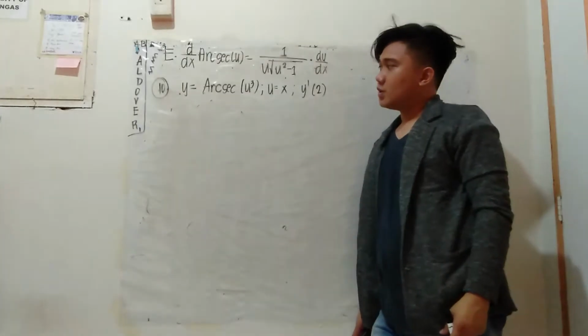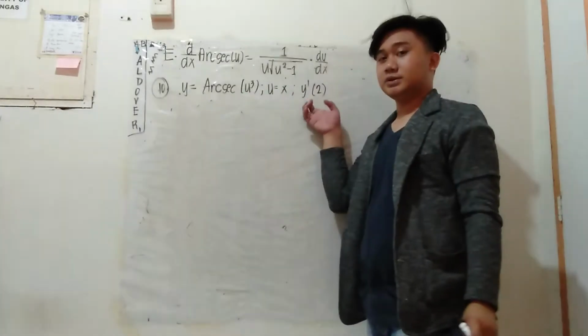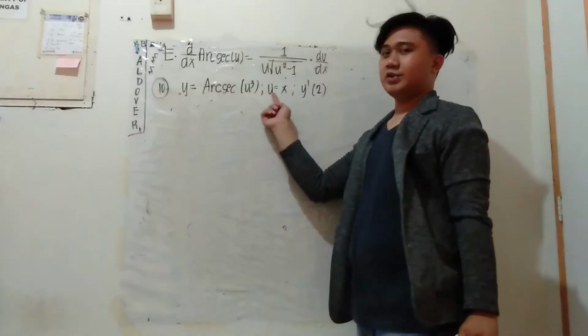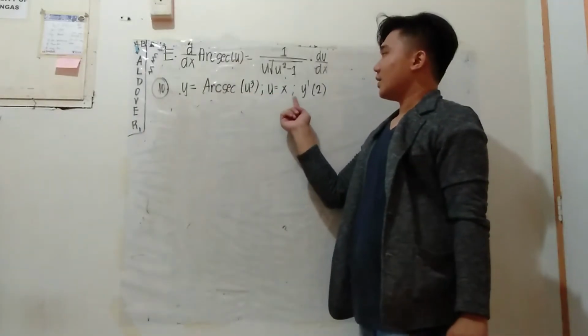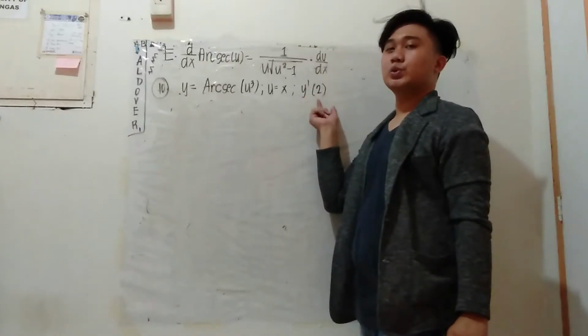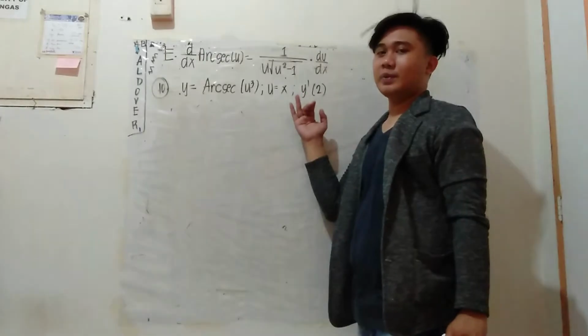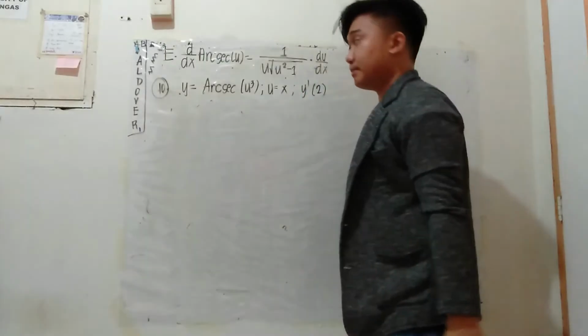Okay, so what if this is the example? Arc secant of u, given that u is equal to x, find y prime of 2. So, we have the chain rule, and we also have evaluating the derivative.